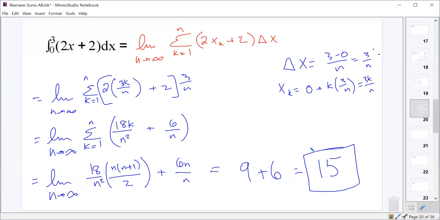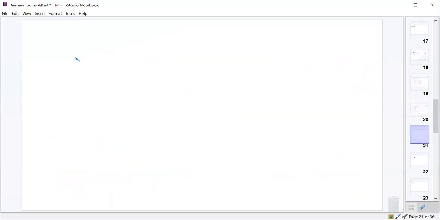Good. All right. Wait, I'm confused, because when you're doing n times n plus 1, isn't that n squared plus n? So why can we cancel it if there's an n squared plus n in the numerator and an n squared in the denominator? So let's write it out over here.